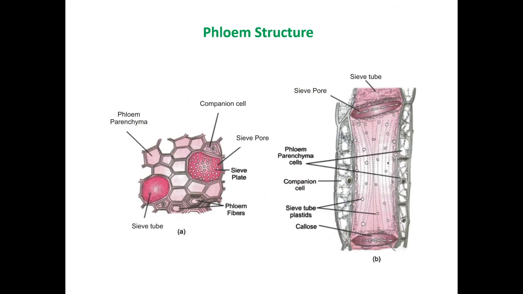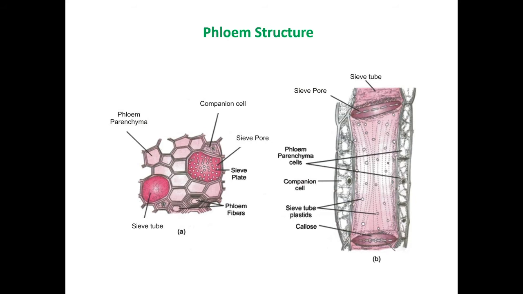So the lumen is filled with a protein called P protein or phloem protein, which occurs as slime bodies. Okay, so whatever protein is present inside this sieve lumen is known as phloem protein or P protein.